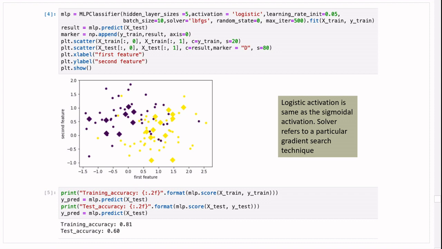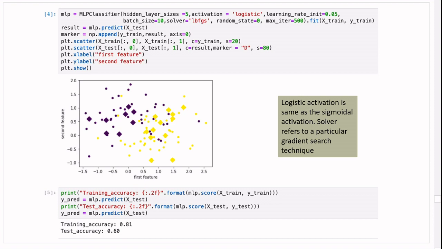So in this case, we use the logistic activation, which is same as the sigmoidal activation. And the solver here refers to the particular optimization method that has been used. And of course, in this case, the results are being obtained using the sklearn library.